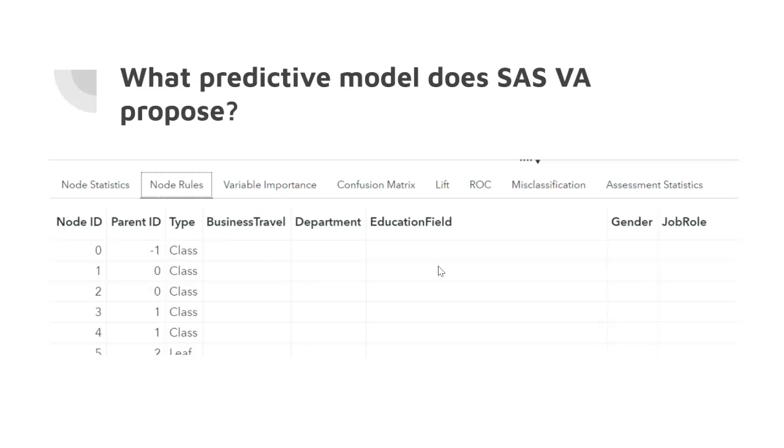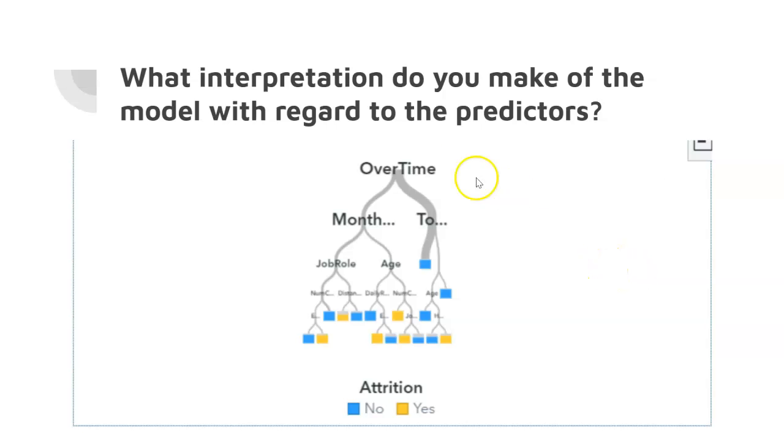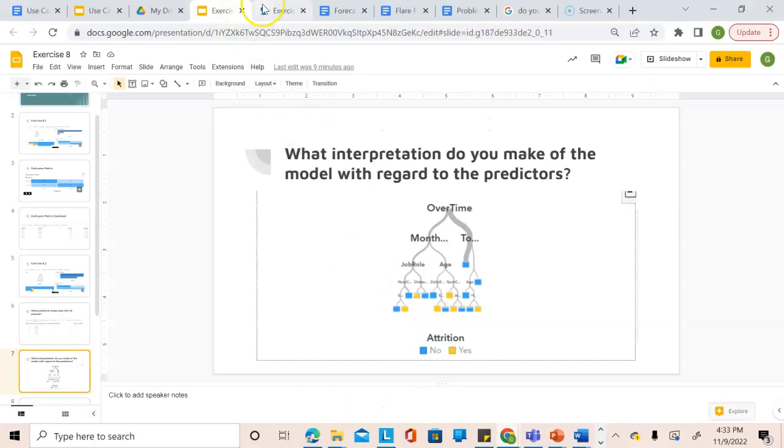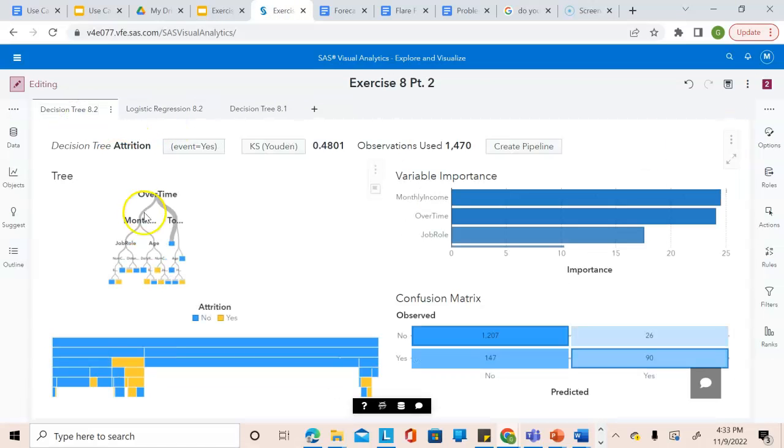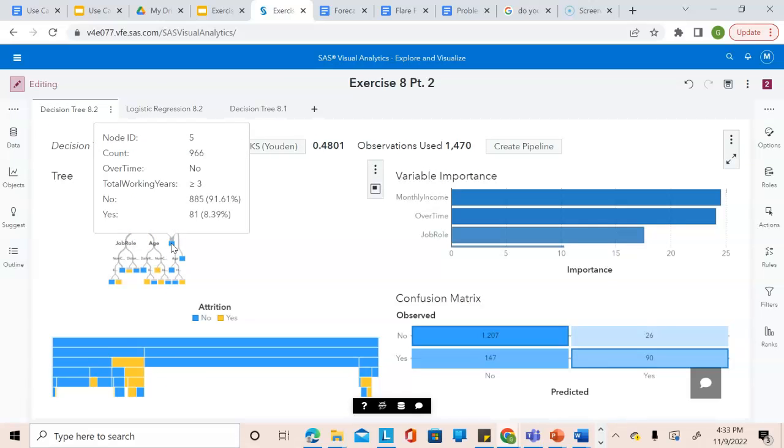And then it asks, what interpretation do you make of the model with regard to the predictors? So here we're going to go back into SAS Viya and take a look at the decision tree. So the decision tree is currently in interactive mode, so we can hover over the different boxes.